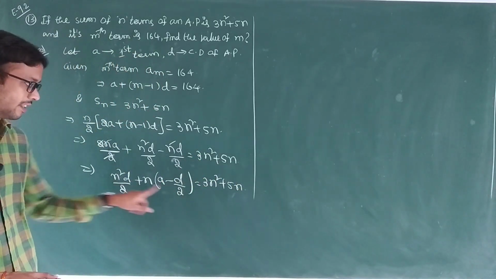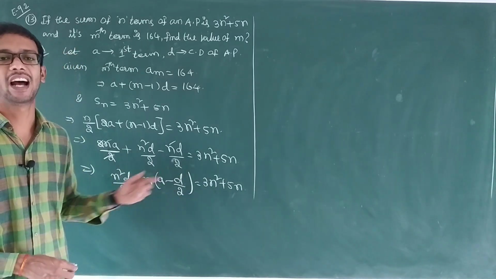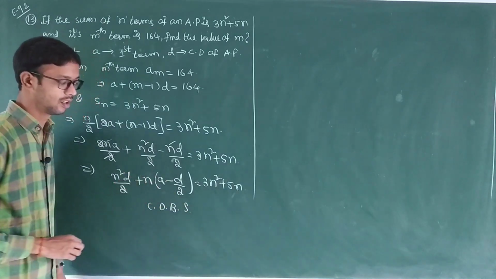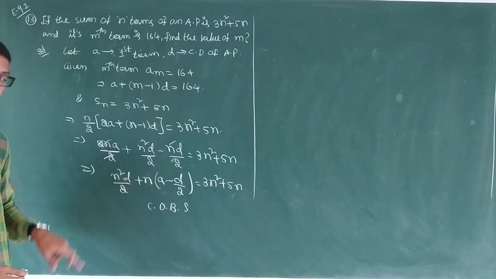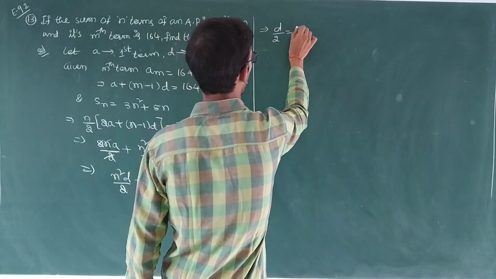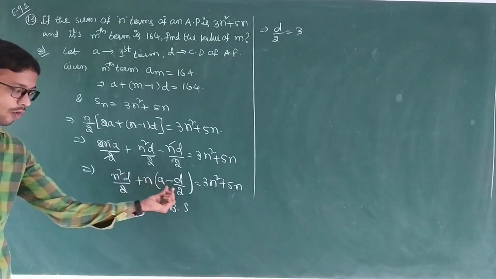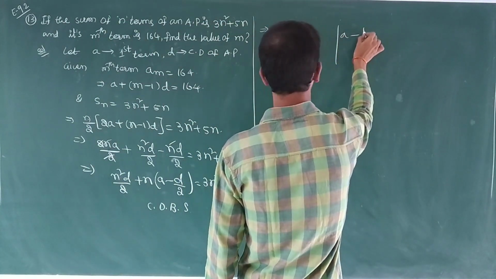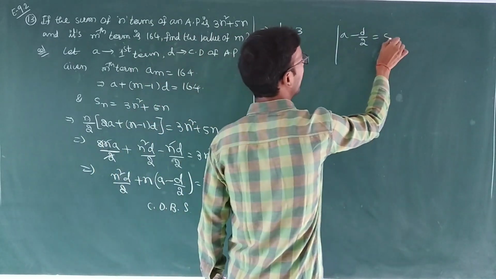Now you observe n², n. Already we discussed some problems. Comparing on both sides: n² coefficient 3. Here n² coefficient d by 2 is equal to 3. N coefficient purpose: a − d by 2 is equal to 5.